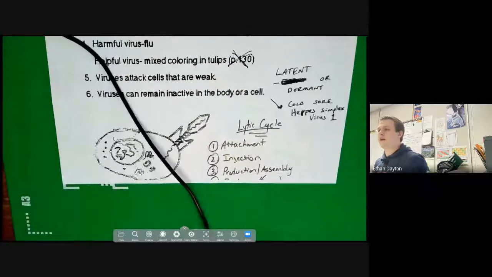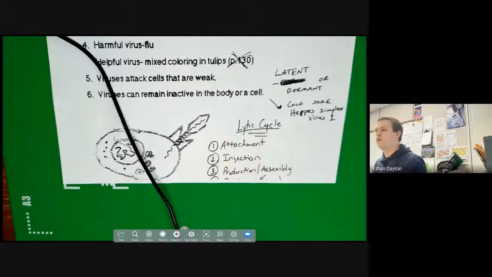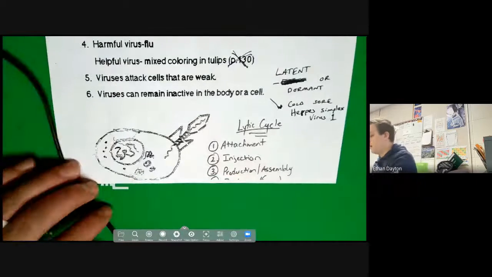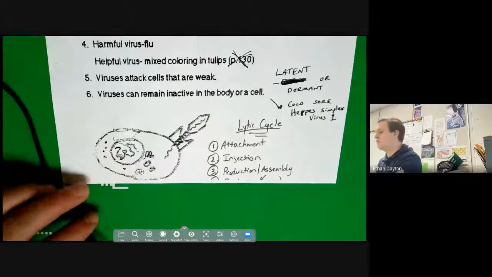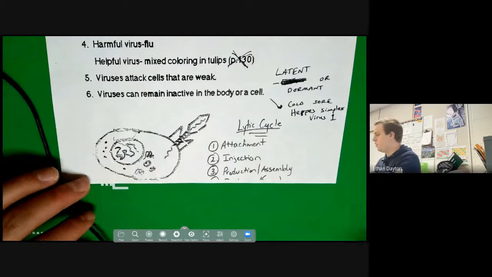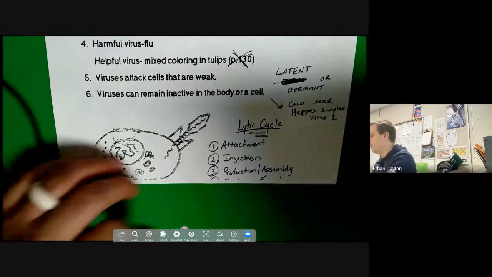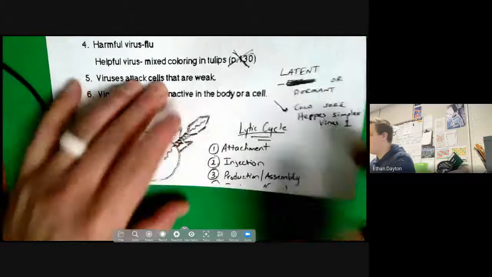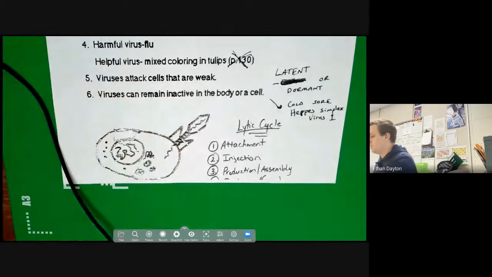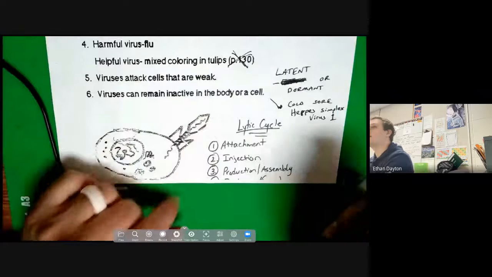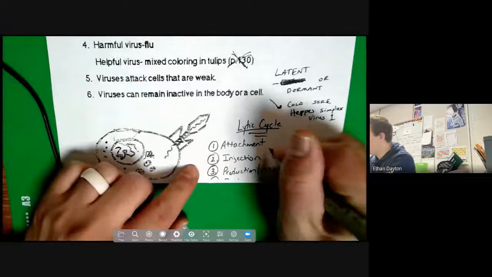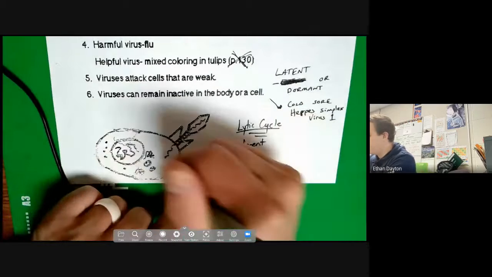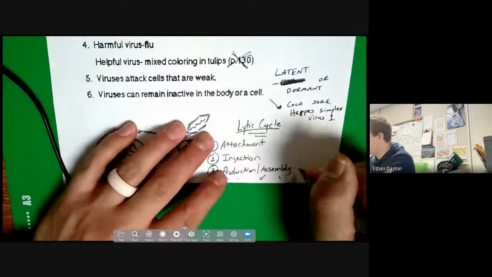Here we have the lytic cycle. You don't necessarily have to draw this. It attaches itself, drills its way in. So lytic cycle: attach, inject, then it produces and assembles.